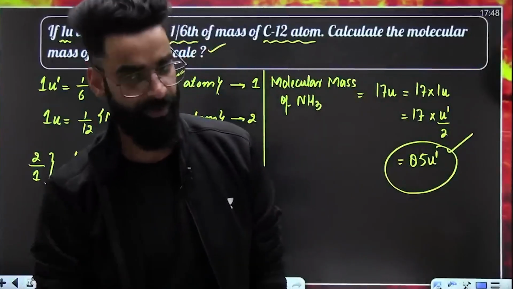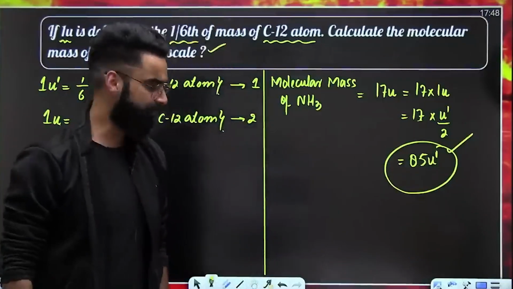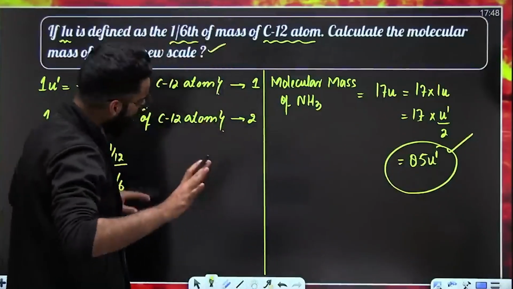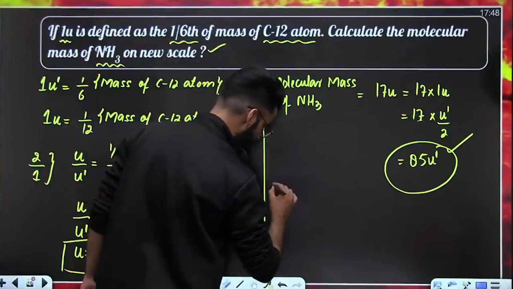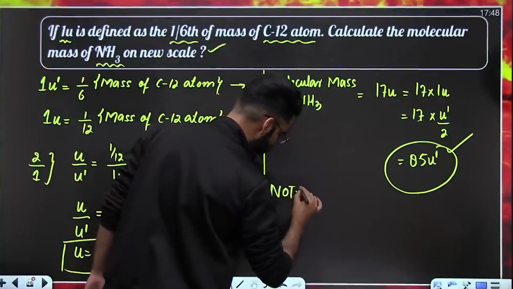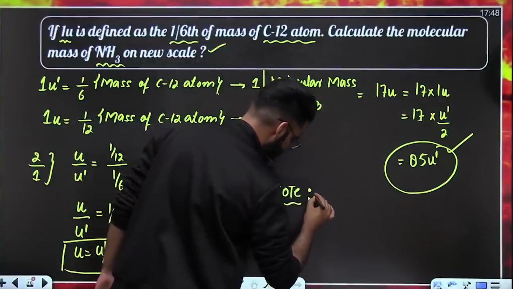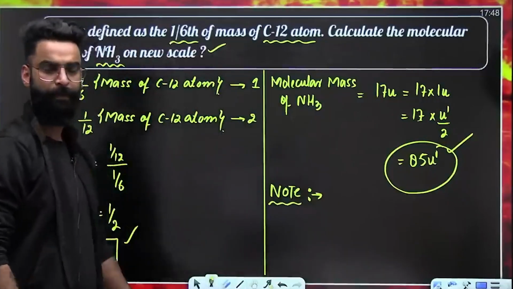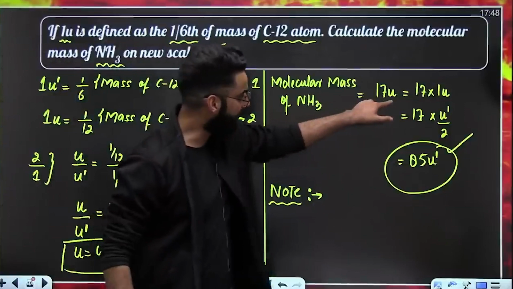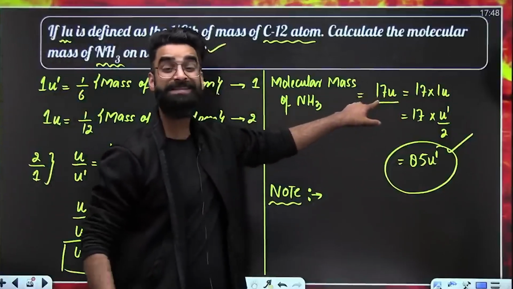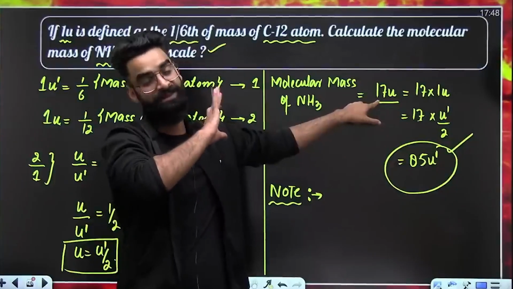Perfect, people. Now, if you got to know how to deal with these questions, I want you to write a note. What is the note? Have a look. This was the molecular mass of NH3 as per the scale we chose in the beginning.